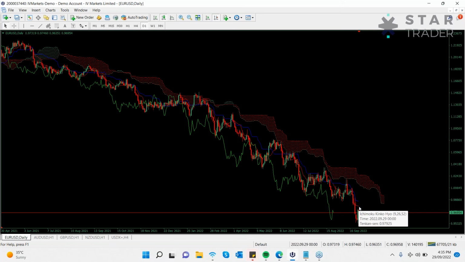You can call it the baseline as well as the resistance of the market according to the previous 9 candles, because this is the daily time frame. It is providing us the resistance according to the 9 periods.